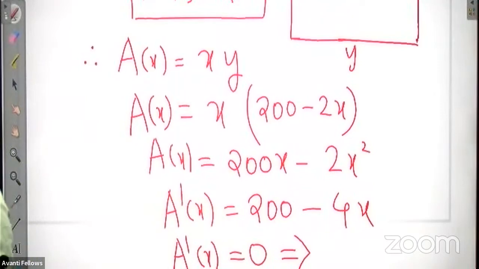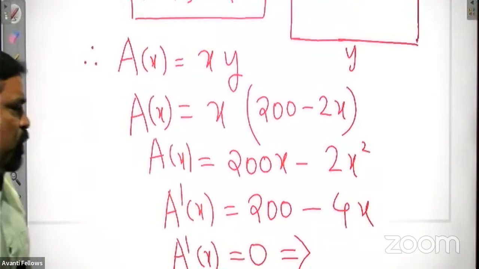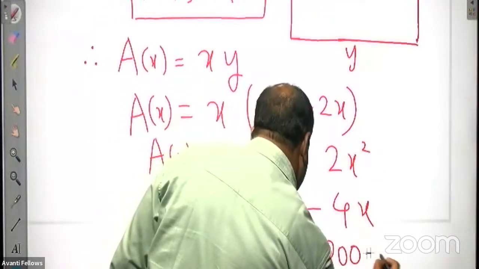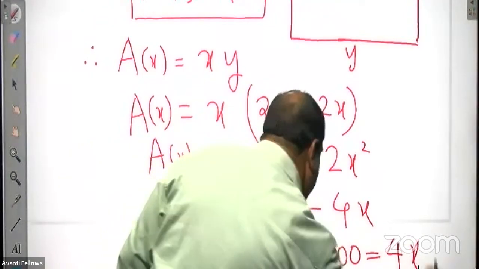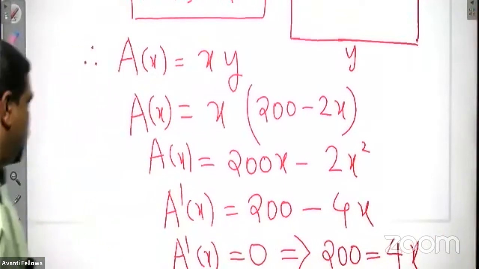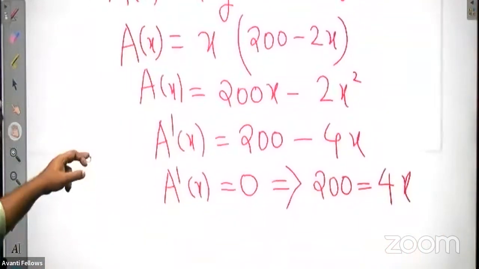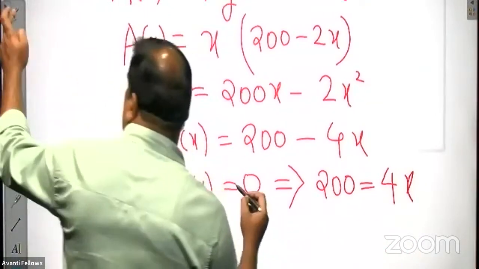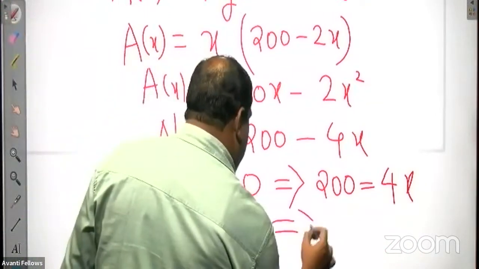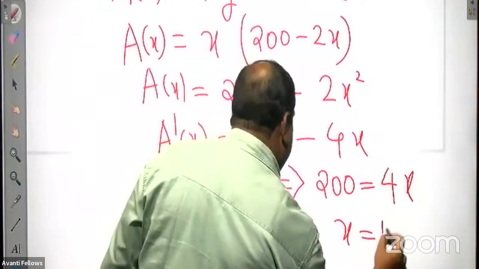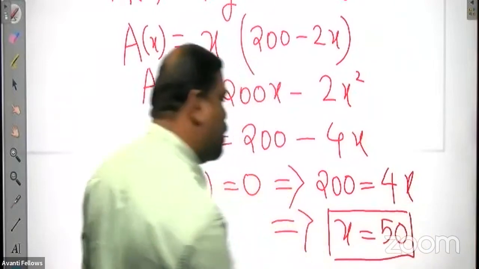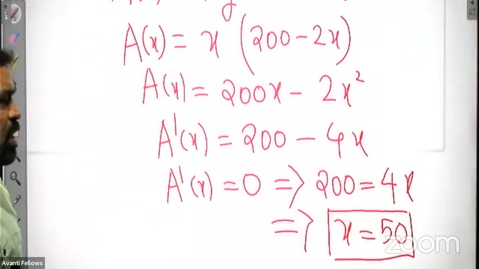So A dash x equals 0 implies 200 minus 4x equal to 0, 200 is equal to 4x, which implies x is equal to 50. So x equal to 50 is our critical point.